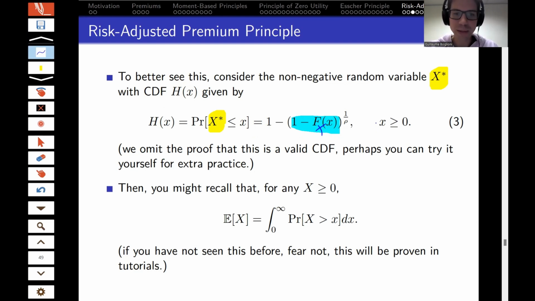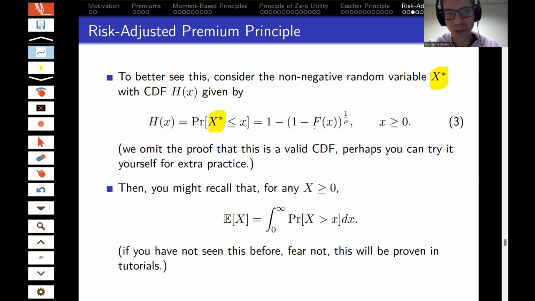Now, I don't put a proof here, but it's not especially hard to show this is a valid CDF. Maybe you want to try to show this for yourself. Remember the properties of the CDF. The limit when x goes to infinity should be 1. The limit when x goes to minus infinity should be 0. And it should be a non-decreasing function. That's quite easy to see. This would be a non-decreasing function. And it also needs to be right continuous.